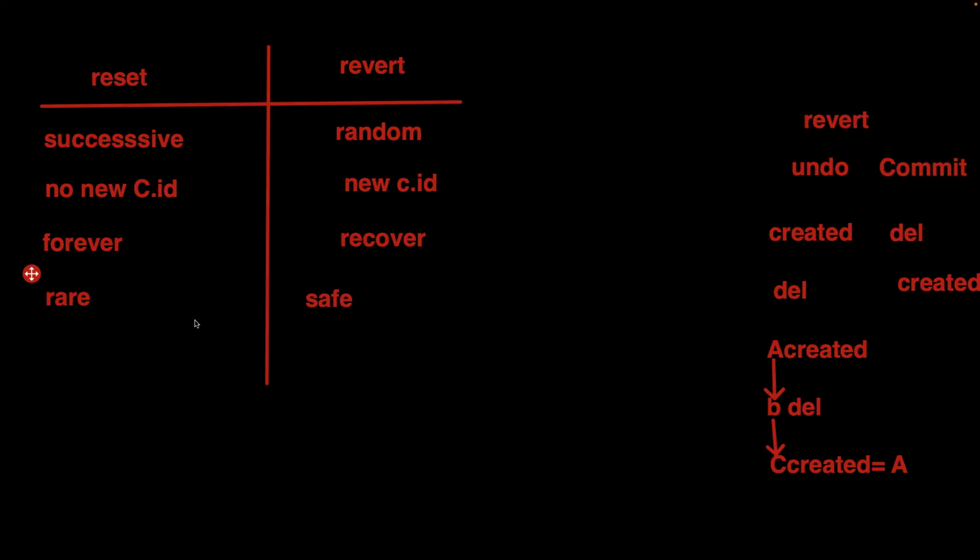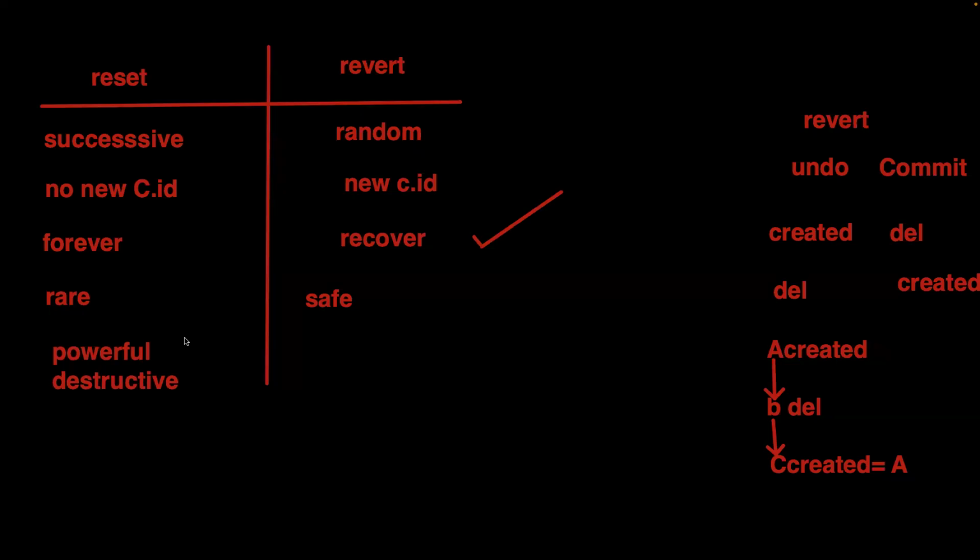That is the difference between reset and revert. Reset is a powerful and destructive command, because changes gone are gone forever, if you don't know its proper usage. Always go for revert.